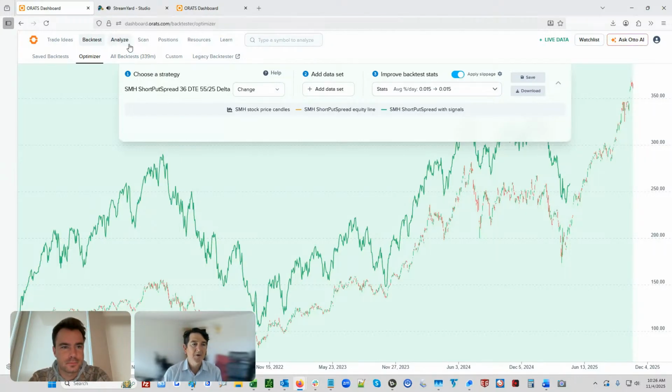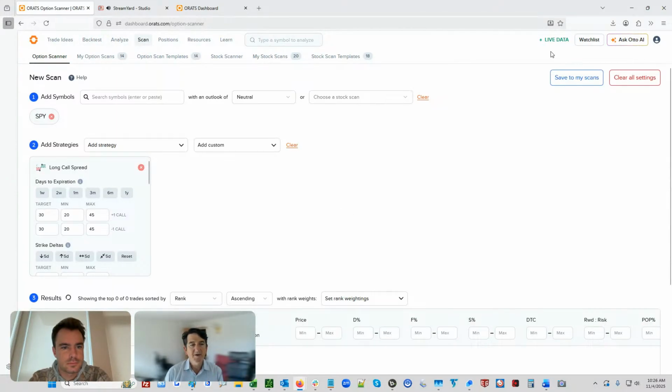Another thing you want to think about is a stock scanner.